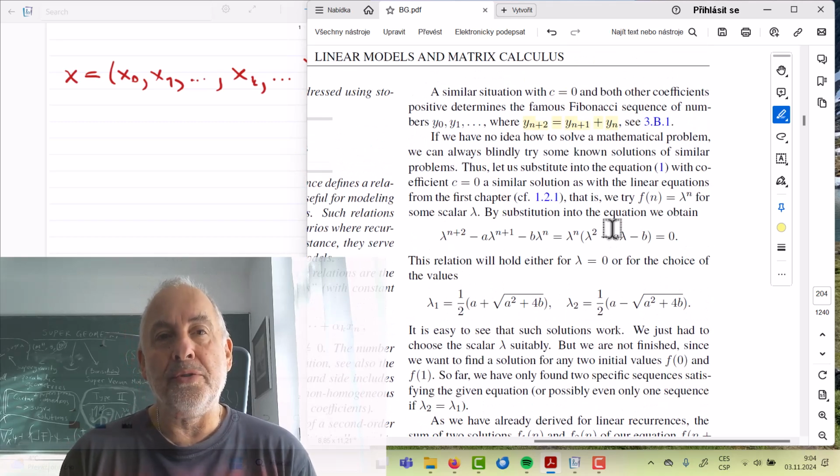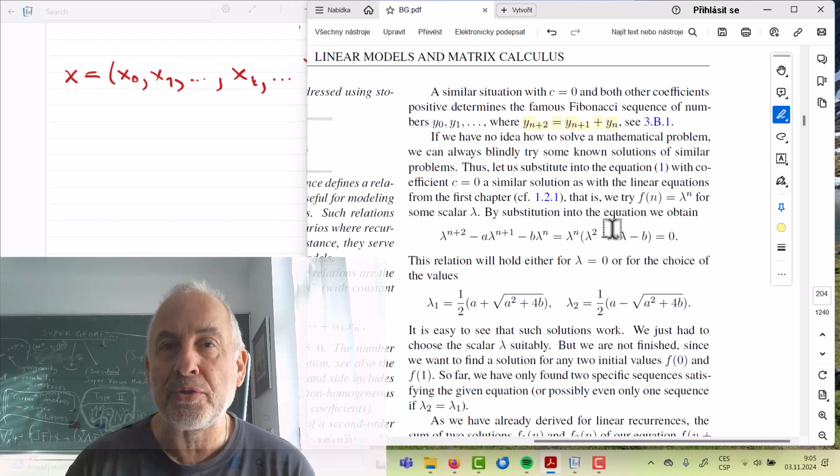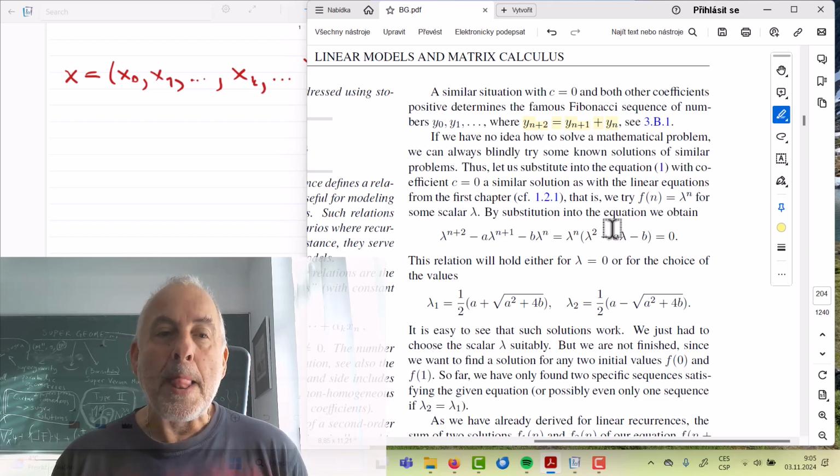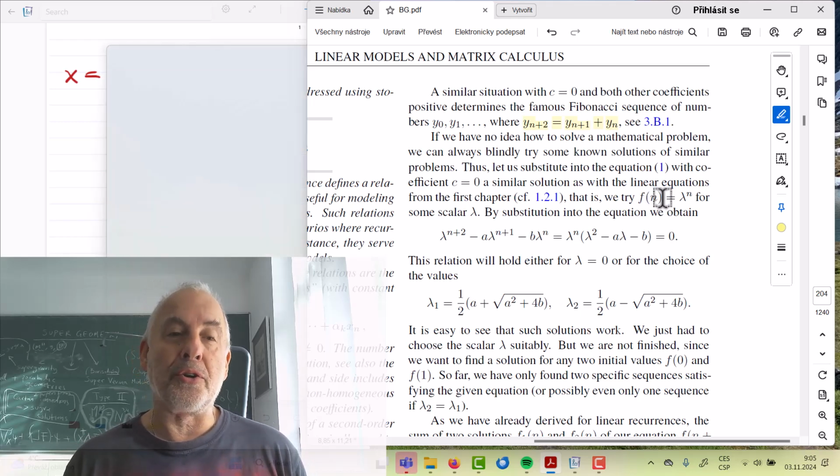Whenever you deal with some mathematics and you should try thinking about how to solve something, how to crack things, one of the options is, if you don't know, just try something which did work in similar cases.